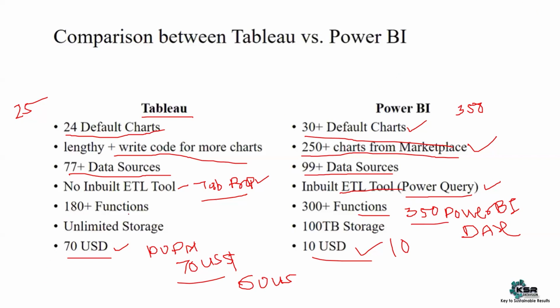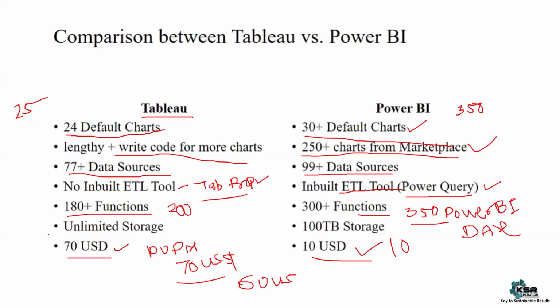If you compare it with Tableau, you have only 200 formula functions available. So in every aspect, if you compare Tableau with Power BI, Power BI is more efficient, easy to go, and a cheaper tool.